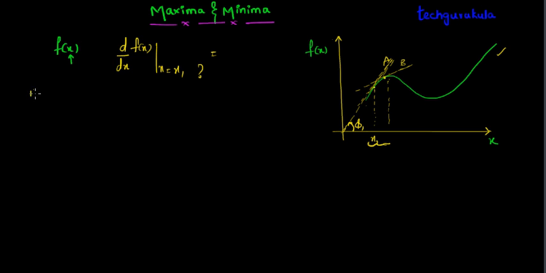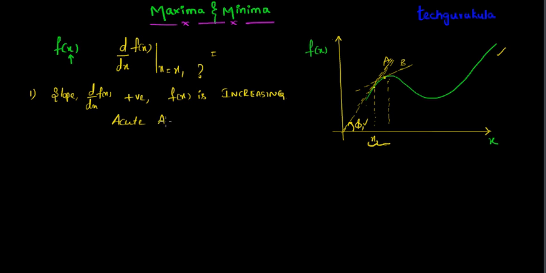So we can say first, if the slope, or d by dx of f of x, is positive, then the function f of x is increasing. When it is increasing, if you measure the angle phi1 as we measured here, this angle will be an acute angle.